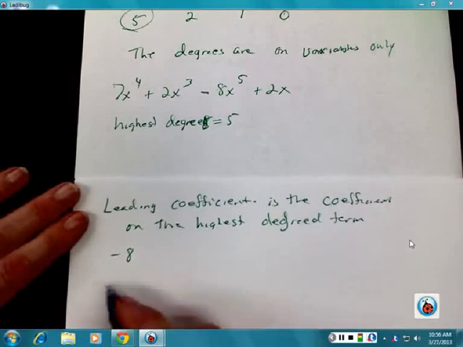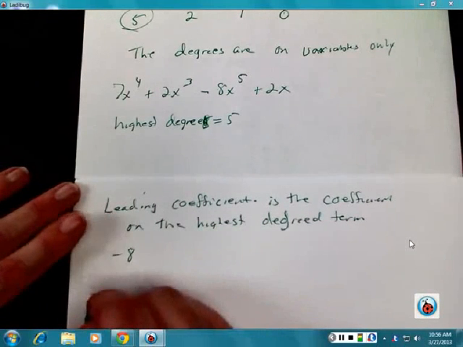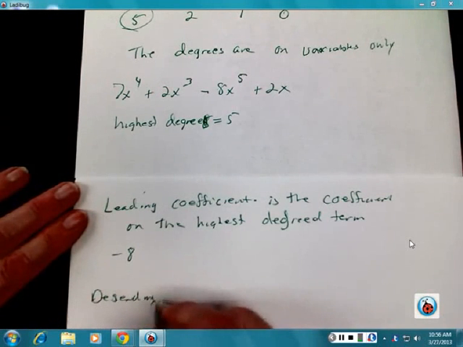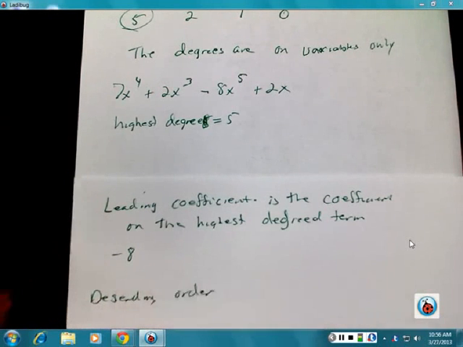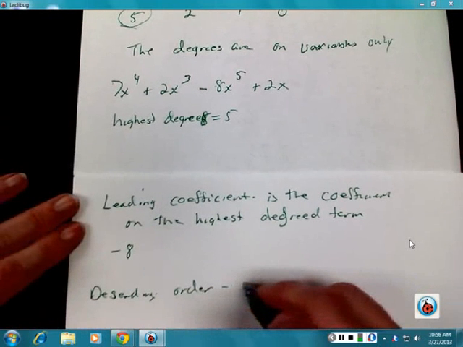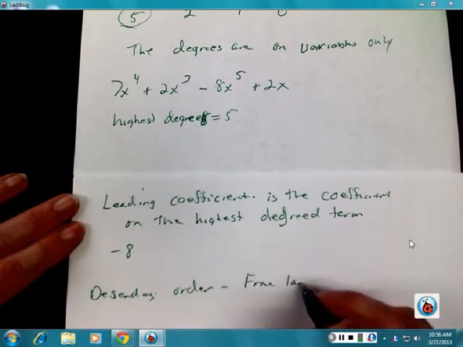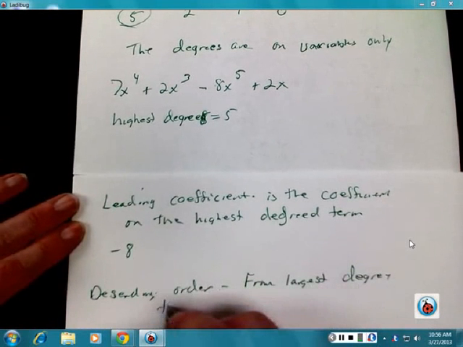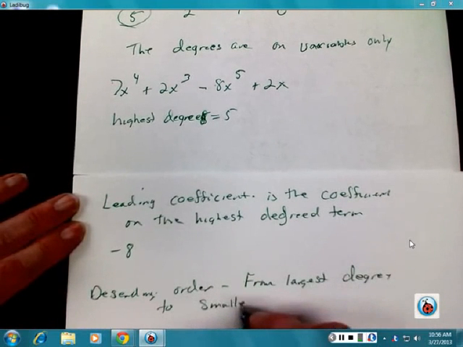We also need to put these things in descending order. Descending meaning I'm going to go from largest degree to smallest degree.